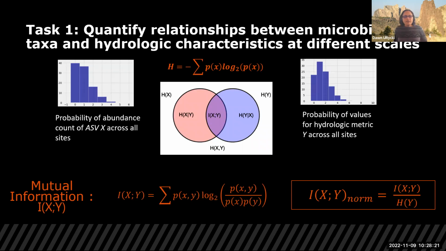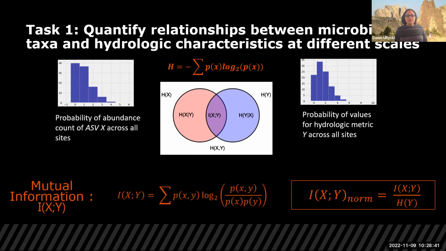So to quantify the relationships between microbial communities and these hydrologic metrics, we used entropy-based metrics. In the version of Shannon's entropy, we used log base 2 so that our resulting quantities are in units of bits.